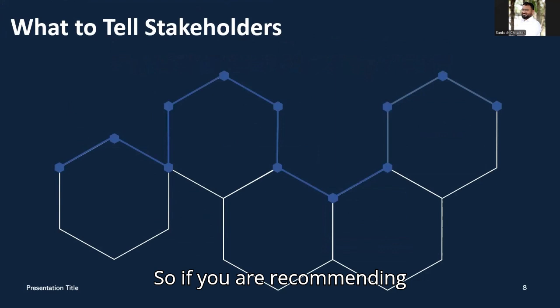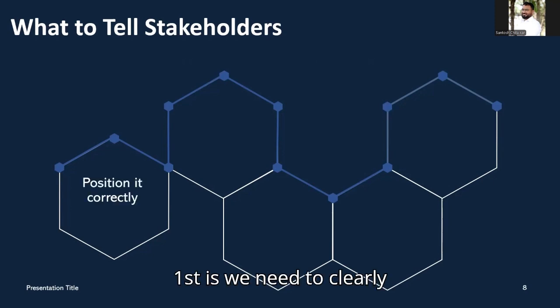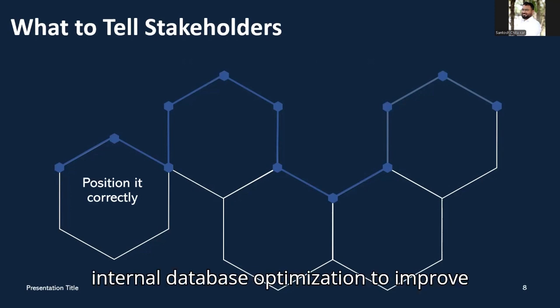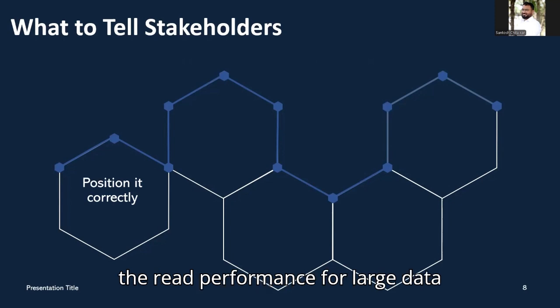If you are recommending skinny table, then here is what you can inform the stakeholders to expect. First, we need to clearly position it. This is a Salesforce internal database optimization to improve the read performance for large data volume.